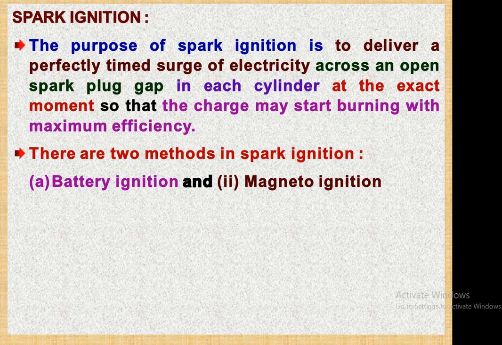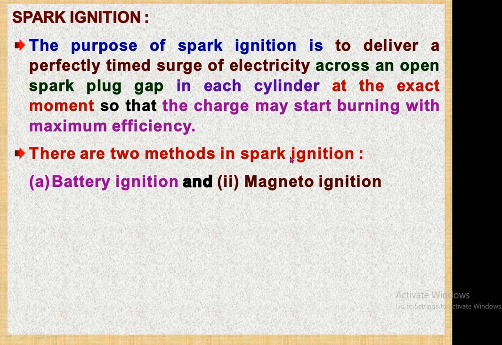In this gap a surge of spark, a flame of spark, is produced, and that goes into the clearance volume of the cylinder and ignites the air fuel mixture present there. In this way we start burning our fuel in the spark ignition engine.